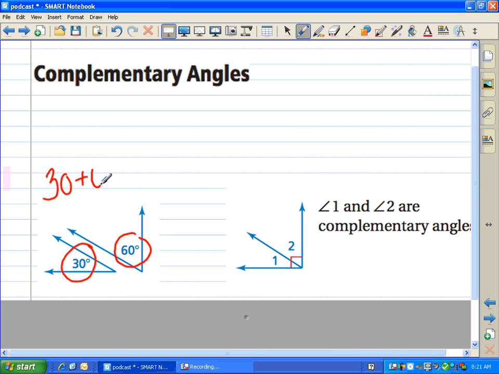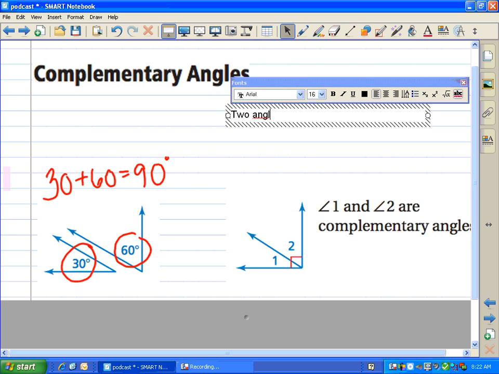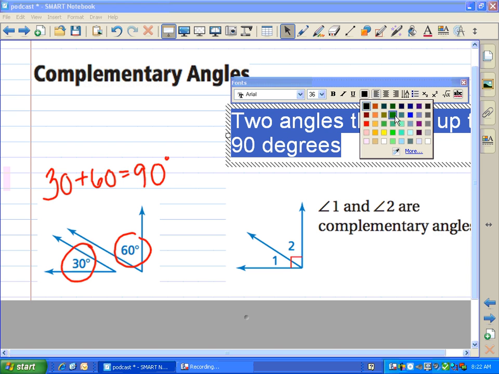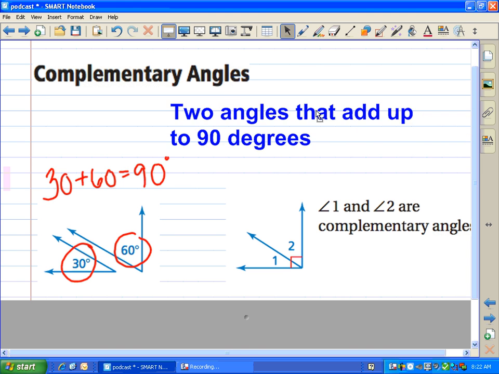If I add those together, that gives me 90 degrees. So I'm just going to type in here, two angles that add up to 90 degrees. It can be any combination of numbers that add up to 90 degrees.